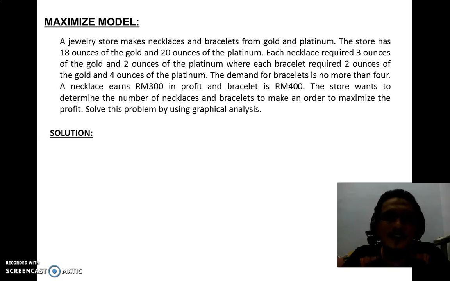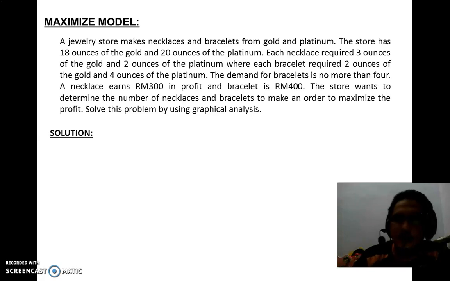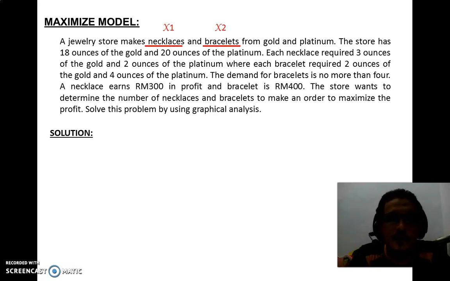So this is the situation. How do we convert it into linear programming? From the situation, what we can summarize is, number one, the store has two products, necklace and bracelet. In linear programming, for the x-axis we assign S1, and the y-axis is S2.